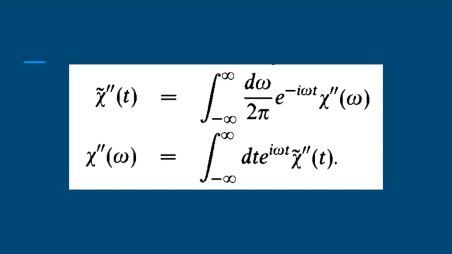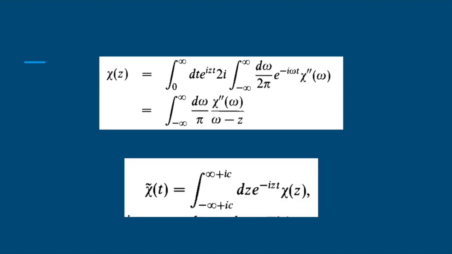Also, other arguments tell us that chi double dash of t is equal to minus chi double dash of minus t, so basically it's odd. All these facts imply that chi of z is equal to this. Now the response function chi of omega relating delta phi of omega and delta h of omega can be obtained using the Fourier representation.